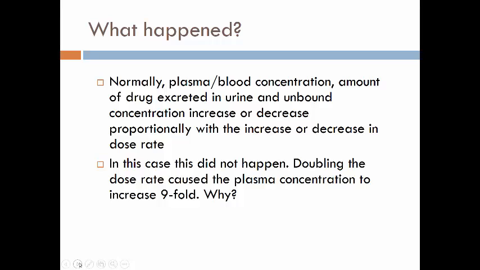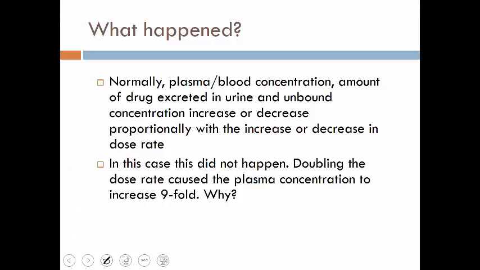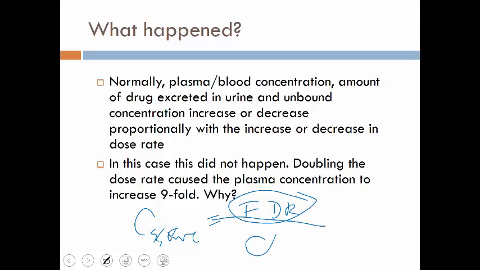Well, normally we know that there's a proportional change in your concentration with dose rate, right? Normally, CSS average is equal to the bioavailable dose rate of the drug, or the drug in, over the clearance, or the drug out.